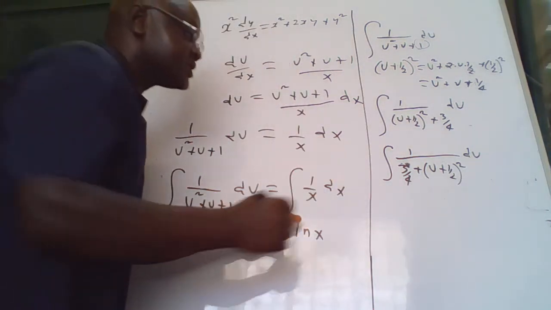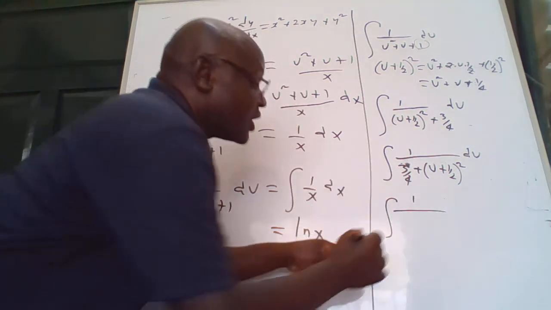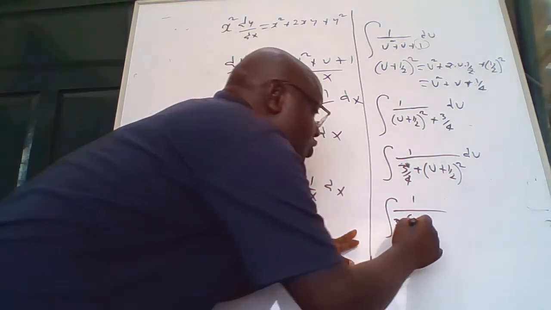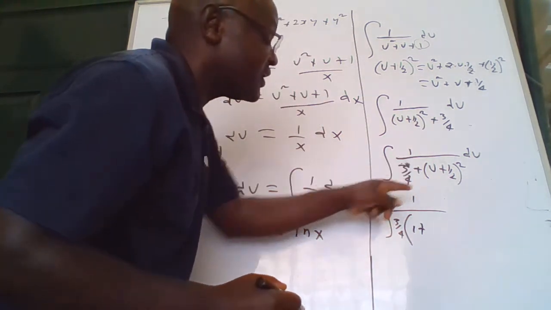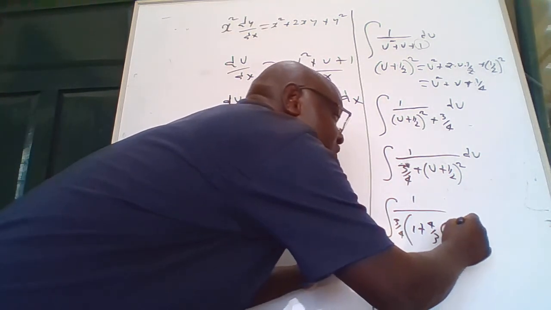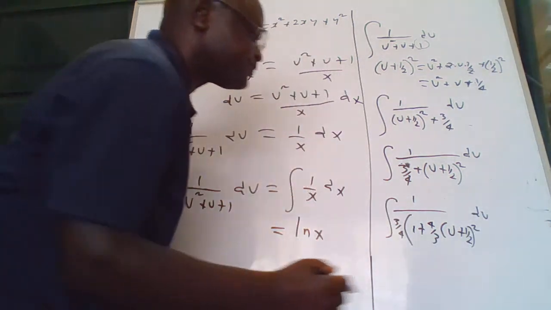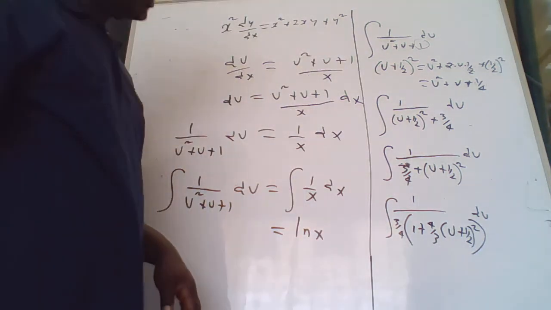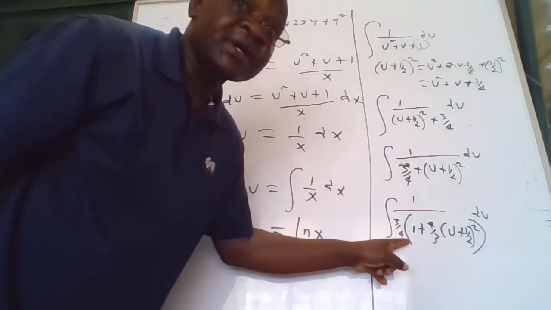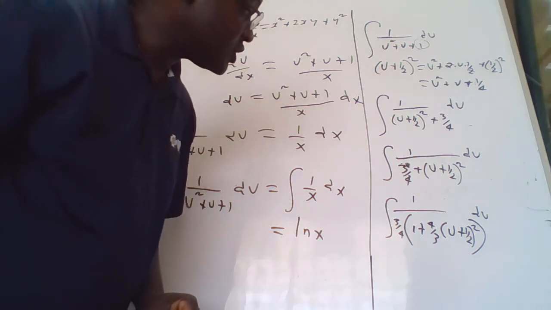Now, I factorize out 3 over 4: 1 plus 4 over 3 into v plus a half squared dv. I've introduced here 4 over 3 so that when you open the bracket, this will cancel and you remain with that one. So I've not changed the equation.